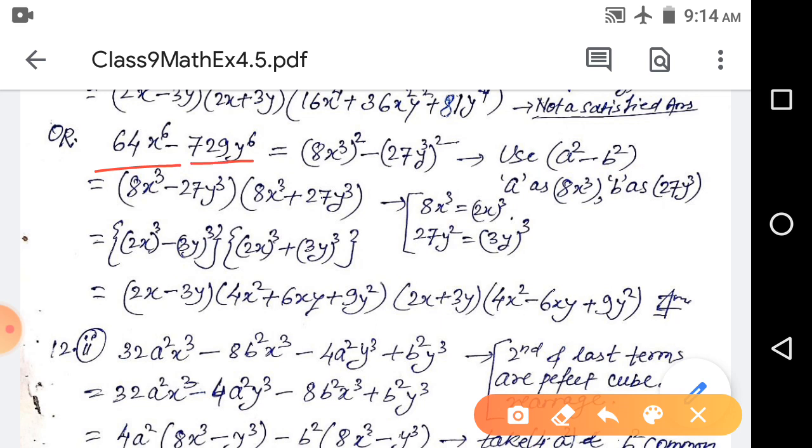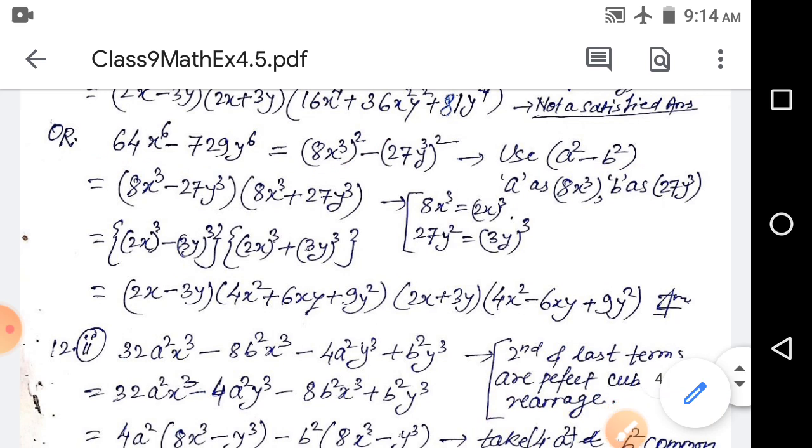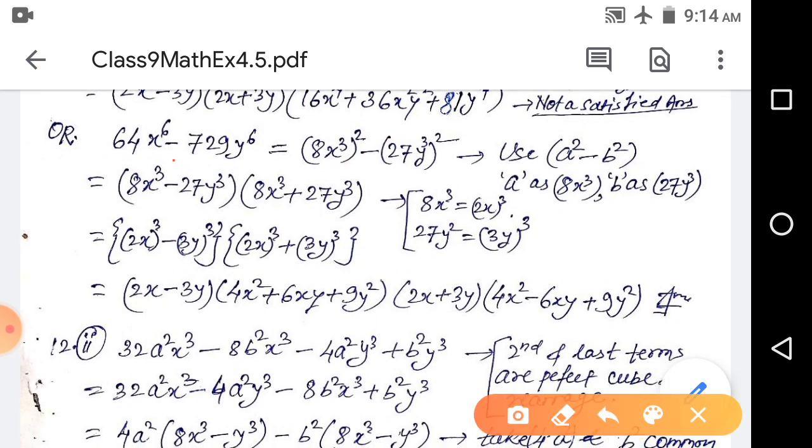So 64 means 8 square, and it is 8x cube whole square. And 729 is a square of 27, and this one can be written as 27y cube whole square.